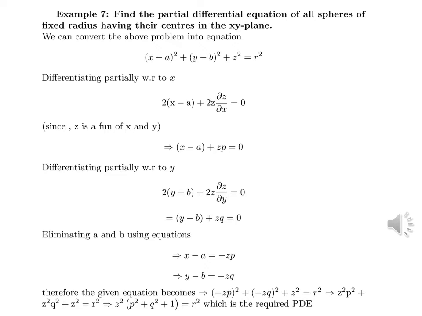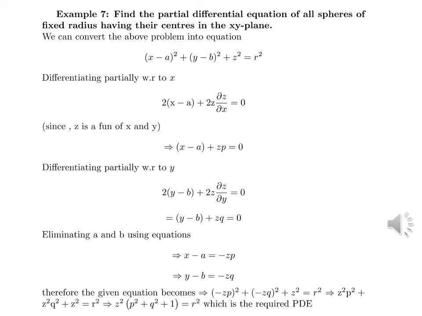So we get 2z into dou z by dou x equal to 0. That is 2 into x minus a plus 2z into dou z by dou x is equal to 0. Okay, so that means x minus a plus zp equal to 0. That means x minus a is equal to minus zp.